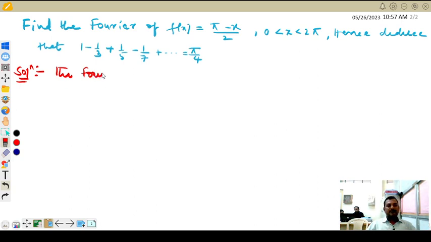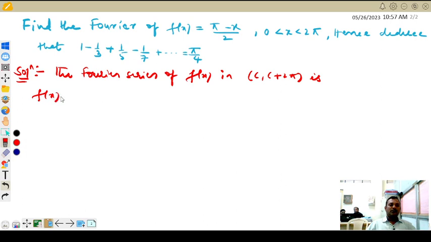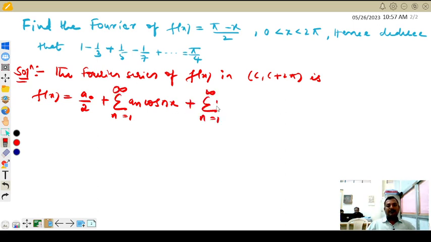The Fourier series of f of x in the general interval, I am writing, in the interval c to c plus 2 pi, is f of x equal to a naught by 2 plus summation n runs from 1 to infinity a n cos nx plus summation n runs from 1 to infinity b n into sin nx.